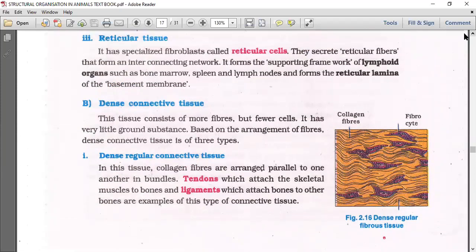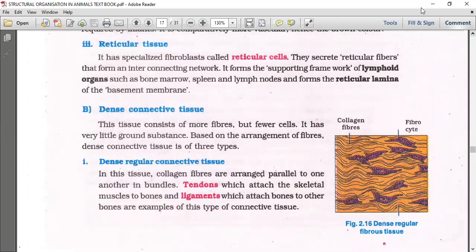So we started today from here, in the reticular tissue: the supporting framework of lymphoid organs such as bone marrow, spleen, and lymph nodes, and it forms the reticular lamina of the basement membrane. Okay, so dense regular connective tissue.